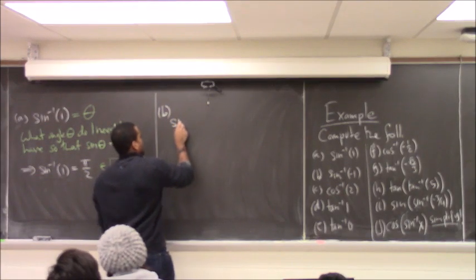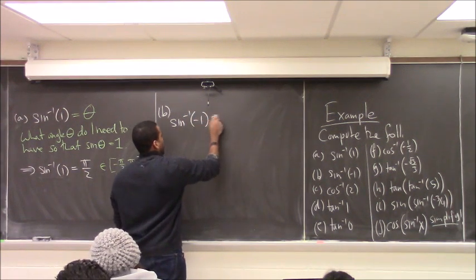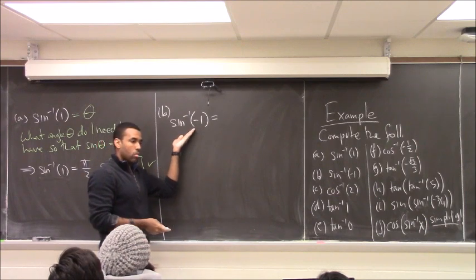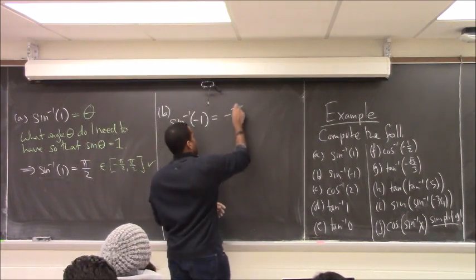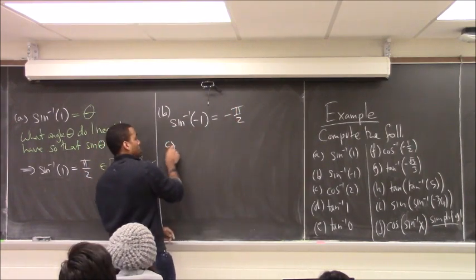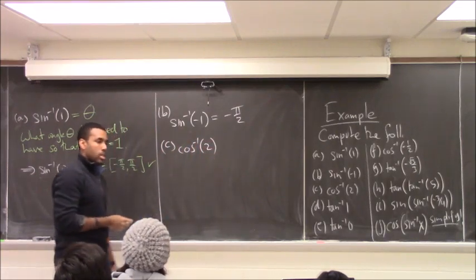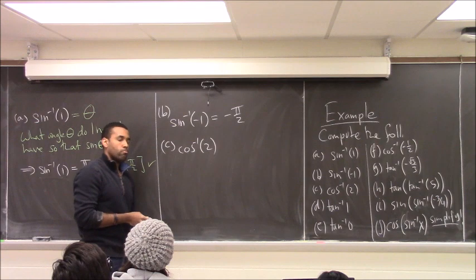Okay. Now, some of the rest of these should be pretty quick. Sine inverse of -1. What do you plug into sine to get -1? Minus pi over 2. Cosine inverse of 2. What do you plug into cosine in order to have an output of 2?